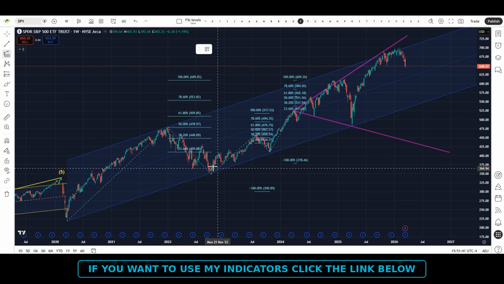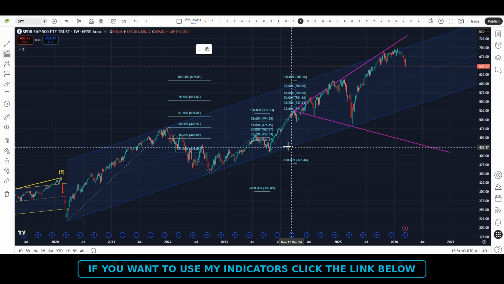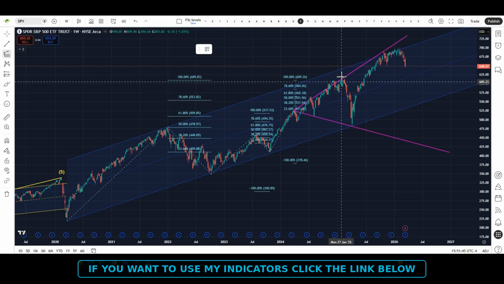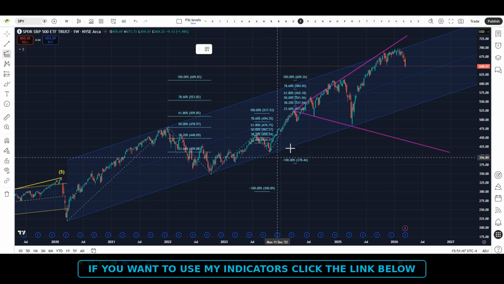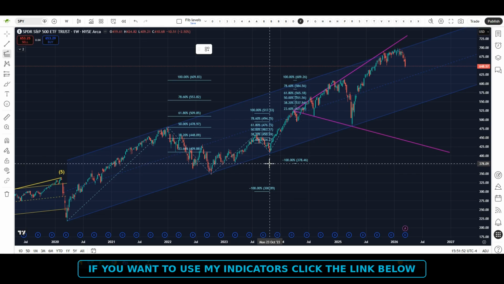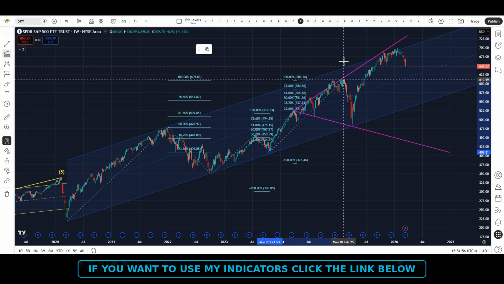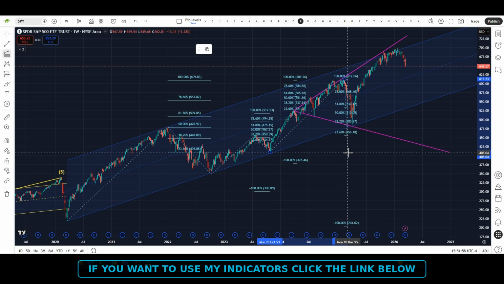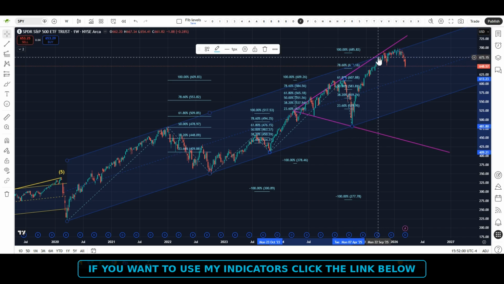That's wave 2. If wave 3 went to here and then pulled back to here, that would count. But this counts. I'll draw the Elliott wave for you in a minute. So basically, we're still going to take it from that measured move to the top here, and then we're going to take it there, which brings us to 100% measured move there.